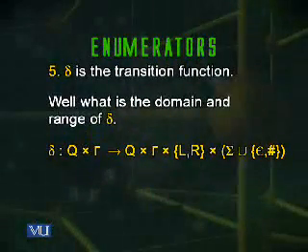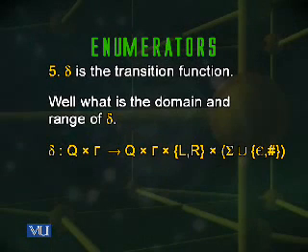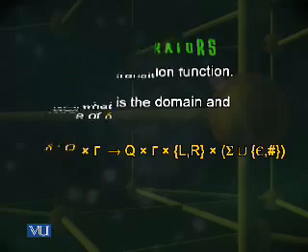Let us think about what this transition function will look like. Well, what are the decisions that we have to make? An enumerator is reading a symbol from its work tape, and it's in a particular state. So the domain of the delta function is going to be Q cross gamma. Q is the set of states, and gamma is the work alphabet. Now, what are the decisions that the enumerator has to make?